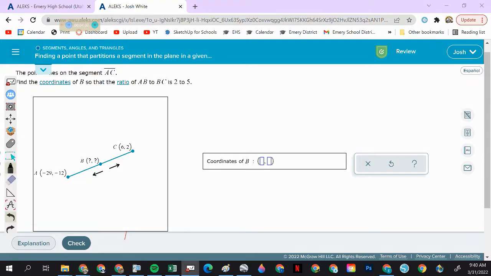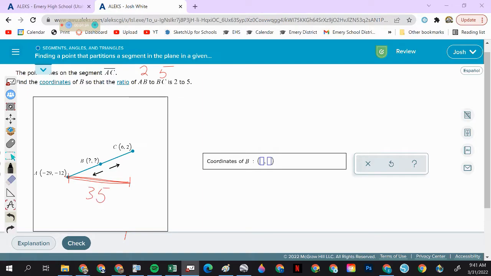Okay. So the ratio from AB to BC is 2/5. So how far is it from there to there? The x distance is from negative 29 to positive 6. How far is that? 35.